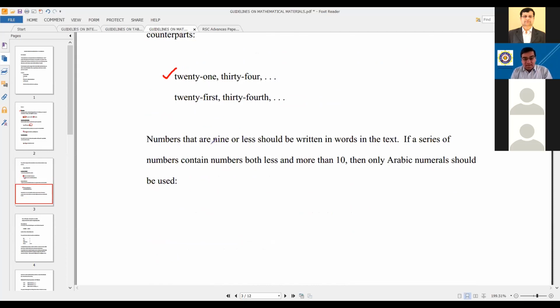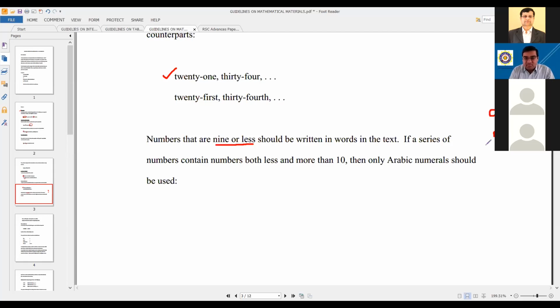Numbers that are 9 or less, very important, right? Should be written in words in the text. Don't write there are 9 bananas. There are nine samples. Don't represent by numeral. Use nine instead, right?